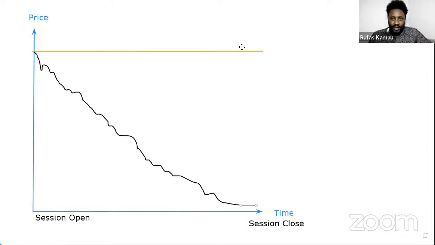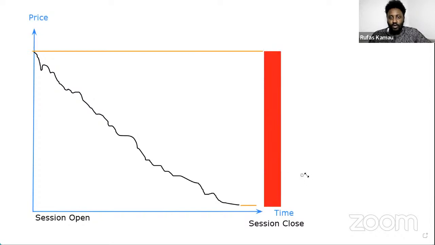So for such a candlestick, of course, it would be the same size or similar in size as the previous one. The only difference is this one will not be green in color. In this case, it will be red in color, indicating that the price went down for that particular period.